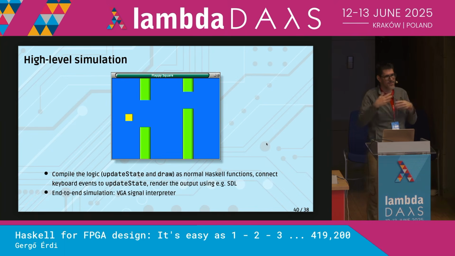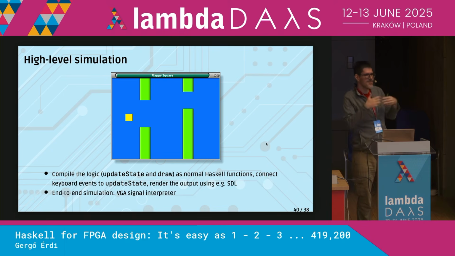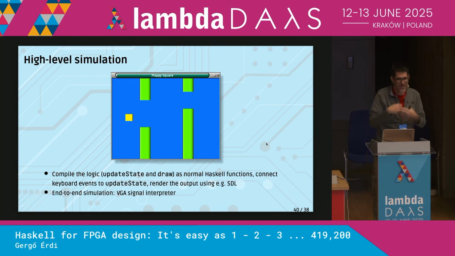Now that one, of course, is even slower. Maybe you get like 3 frames per second, but it's still interactive. You can see it's a much nicer way of doing things than writing a Verilog or VHDL test bench ahead of time and then running it, because I can just literally press the button as long as I want, and then the bird flies up as long as I hold the button down.